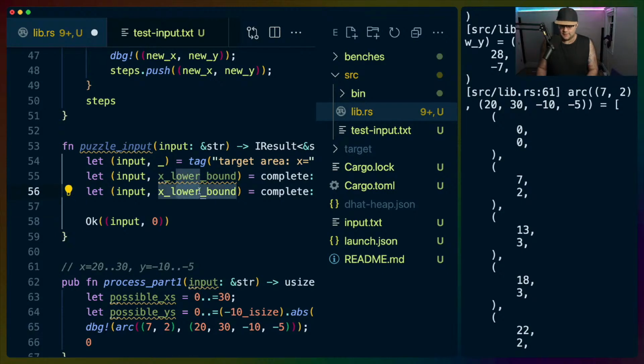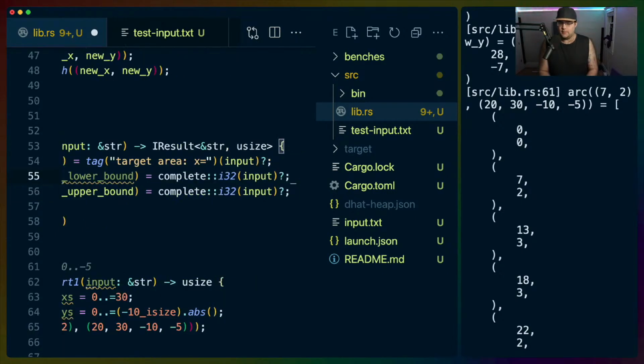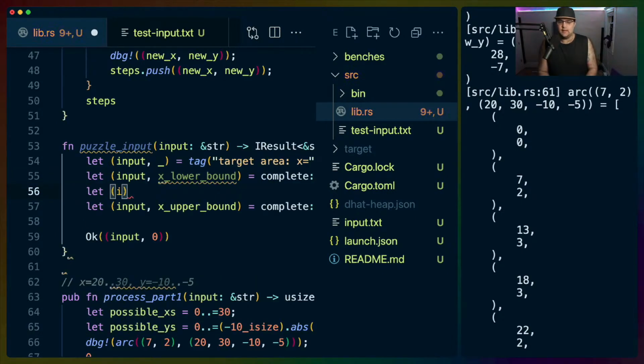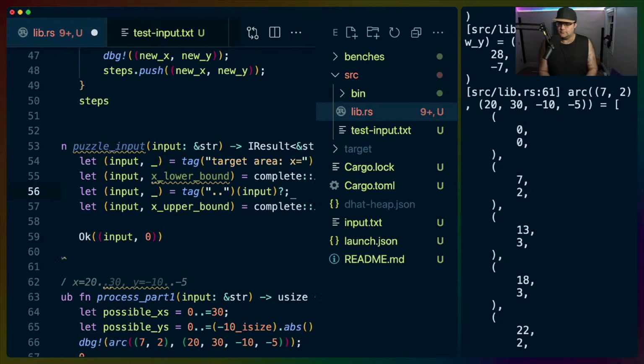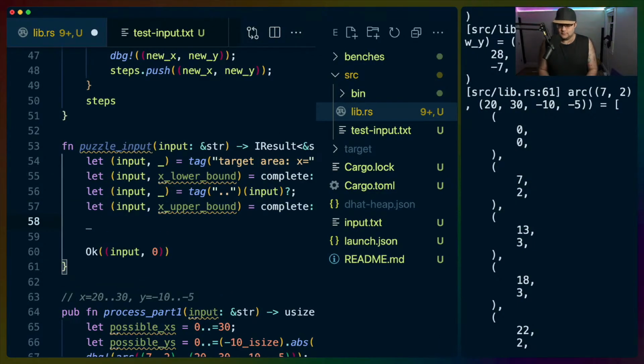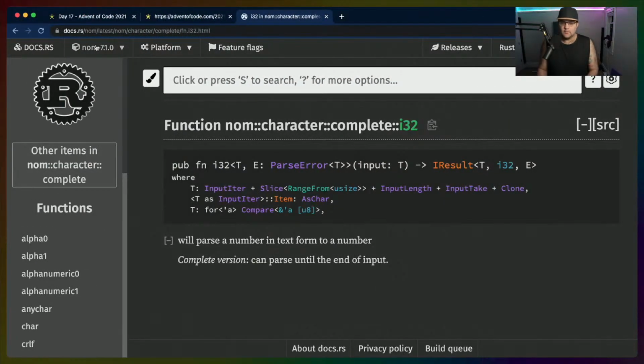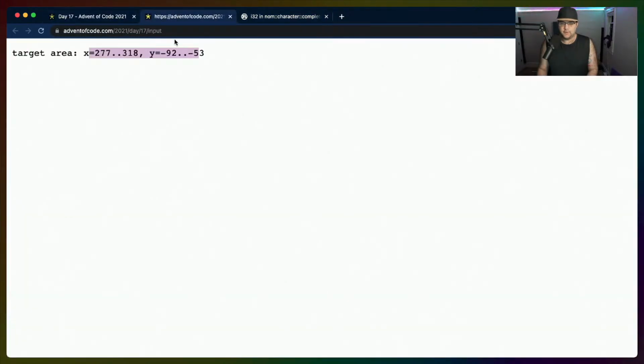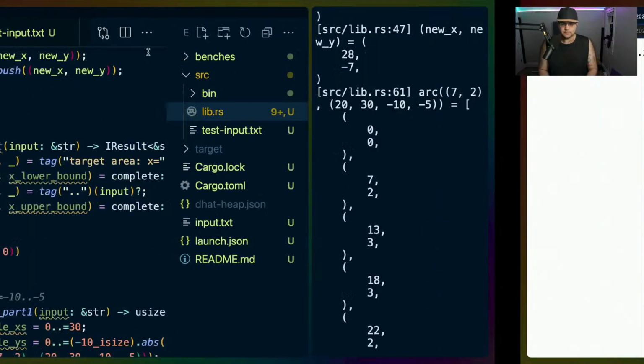And then we do this again. This is X upper bound. This is let input throwaway equals tag dot dot. Where's our input? There's our input. And then comma space, y equals.